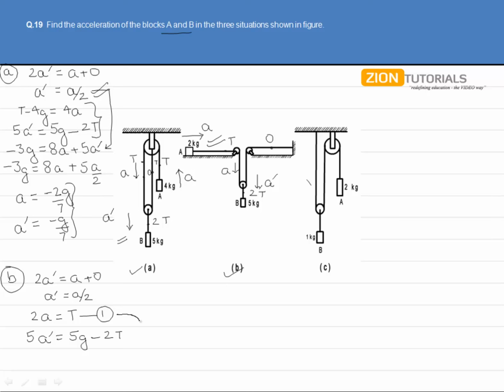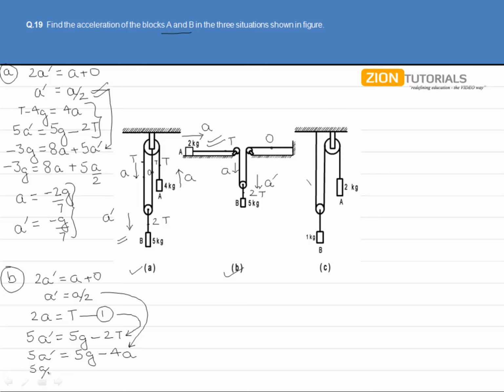Putting the value of tension from equation 1 into this equation, we get 5a' equals 5g minus 4a.